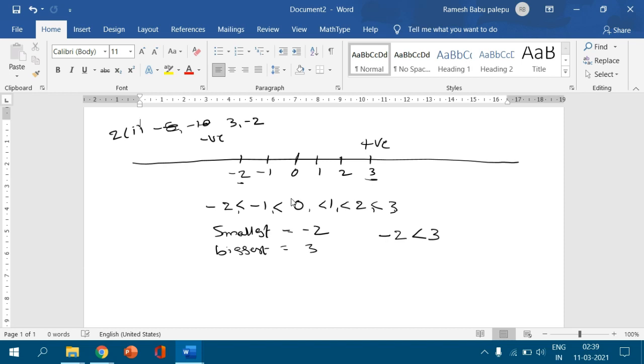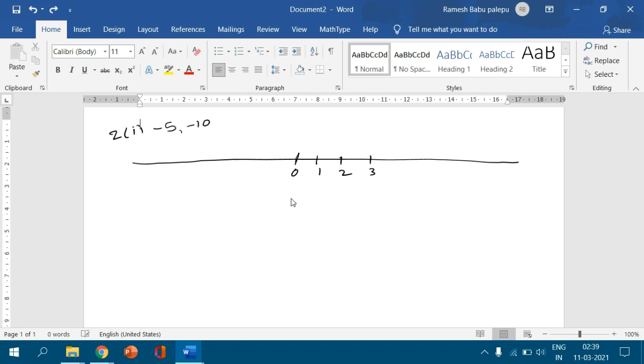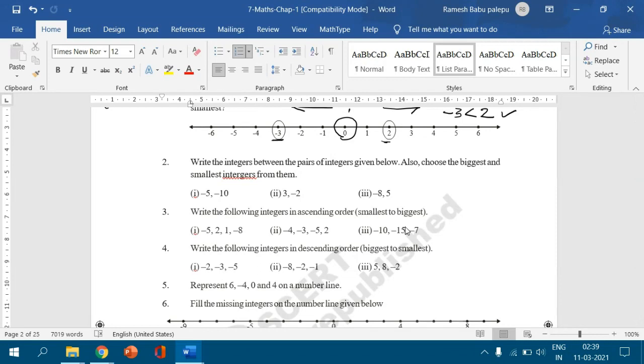I clear this one and I will go to the next question to answer. So the third one is -8 comma 5.